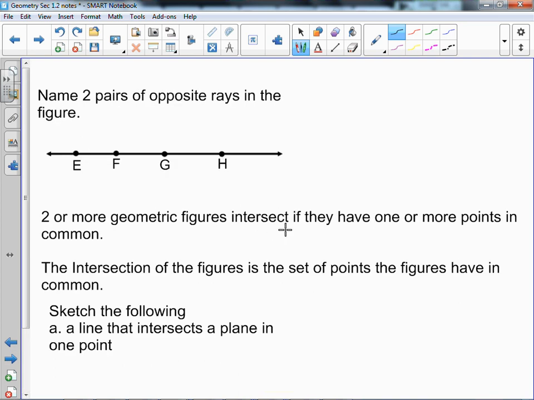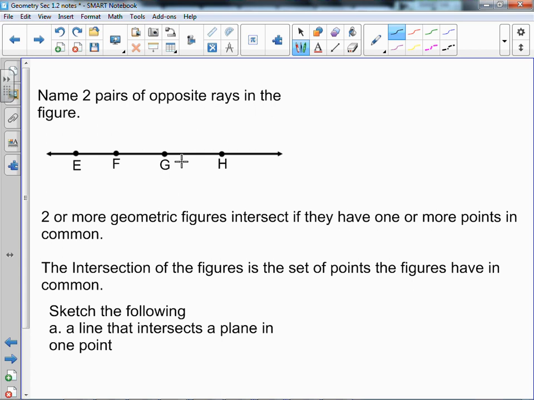All right, name two pairs of opposite rays in the figure. So in this figure here, anytime we have a point that's in between two other points on a line, we can identify the opposite rays. So we've got a couple of options here.